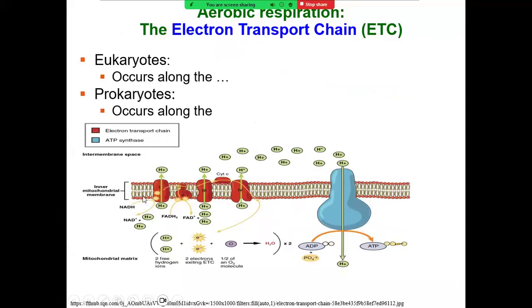So here we have a membrane, and this is called an electron transport chain because the electrons from NADH and FADH2 are given to the proteins in this membrane, and then they're transferred from one protein or carrier to the next. So the electron is transported in a chain.